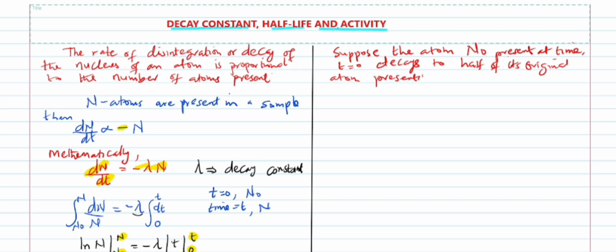Then we can say that N would be equal to N naught over 2, and that at this time, t would be what is referred to as the half-life of the radioactive sample.